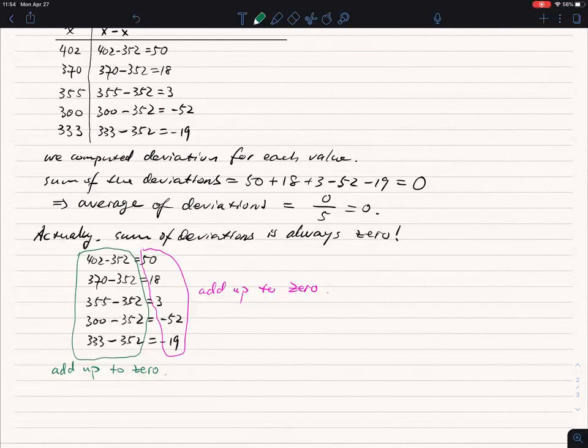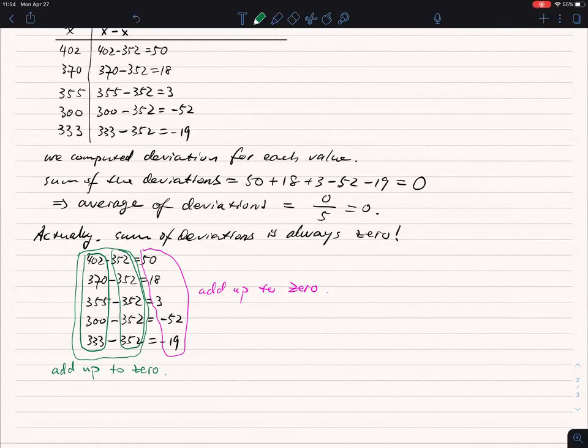Because you see that inside here, if you add all of those, you get the sum of all values, right? And then you look at 352 here. If you add it 5 times, you also get the sum of all the values. So the sum of all the values minus the sum of all the values, of course you get 0.